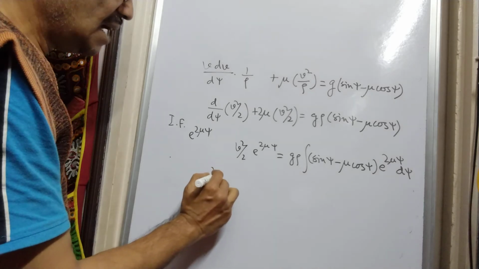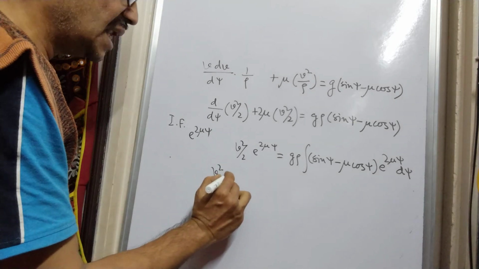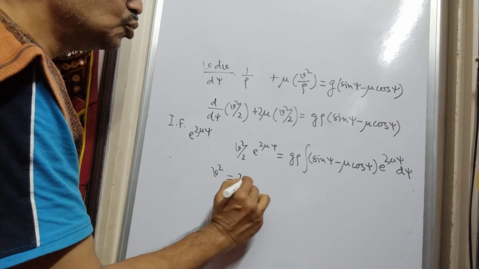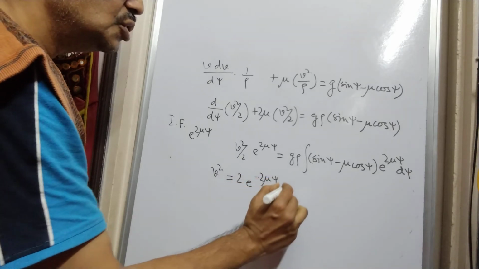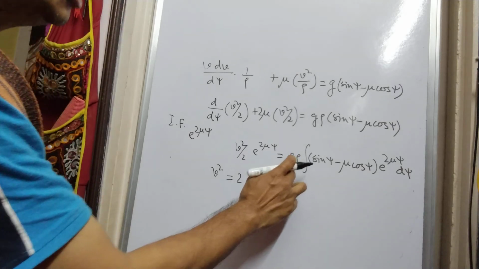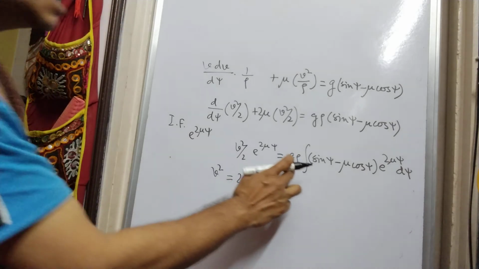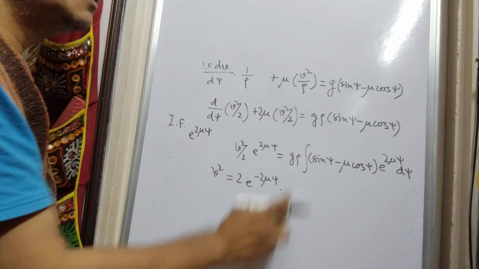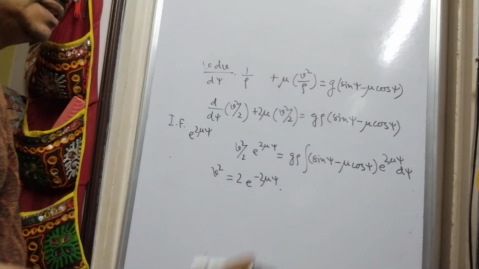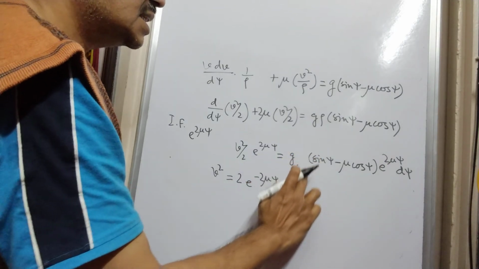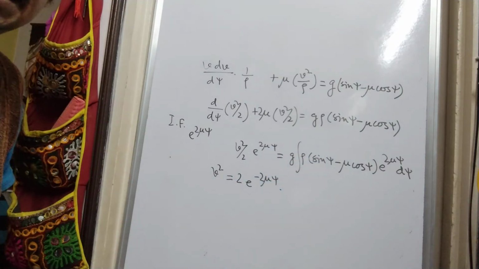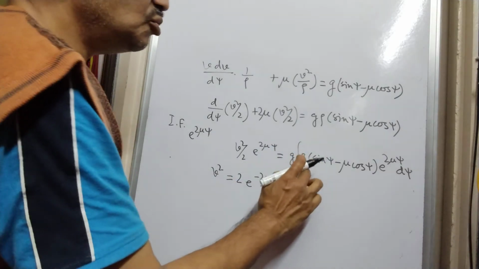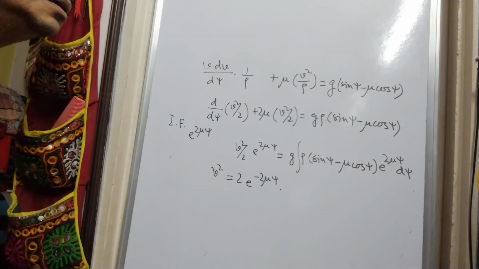Then one can easily have the value of v square as 2 e to the power minus 2 mu psi into, say that we have assumed here that rho is not a function of psi, or we have a constant radius of curvature. But in case of general discussion, we should keep the rho within the integral sign, isn't it so? Because rho may be a function of psi.